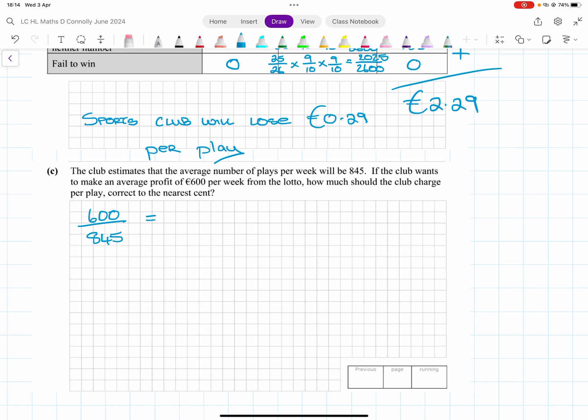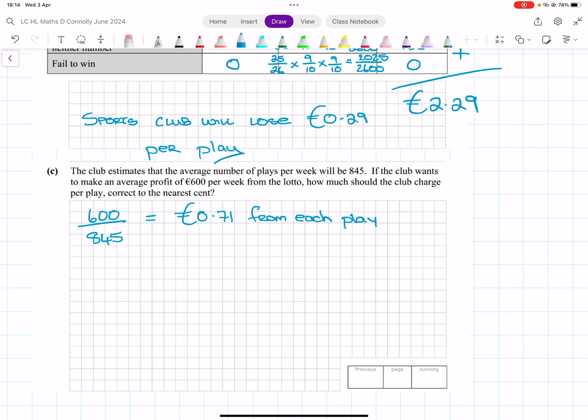That's 71 cent. So at the moment they're making a loss of 29 cent, and what they actually need to do is make a profit of 71 cent per play.